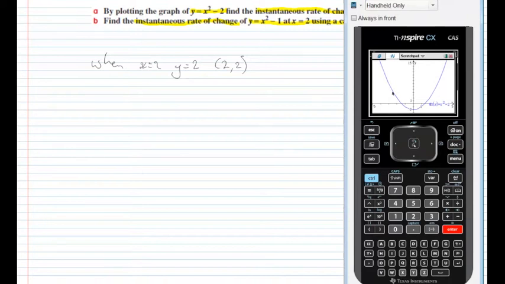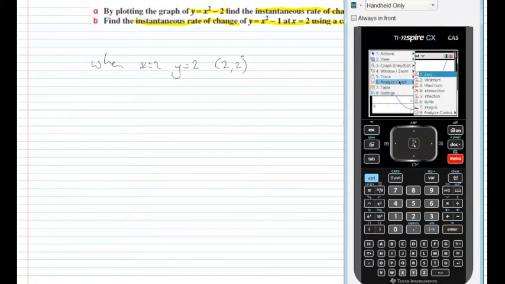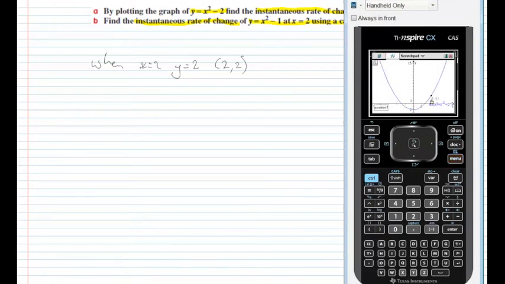Now, to find the rate of change at x equals 2, what we can do is this. We just go menu, we go down to analyze graph, and then we're going to go dy dx. Okay, see how it says position down here? What we can do is just type in 2 and press enter, and it will tell you the gradient at x equals 2.